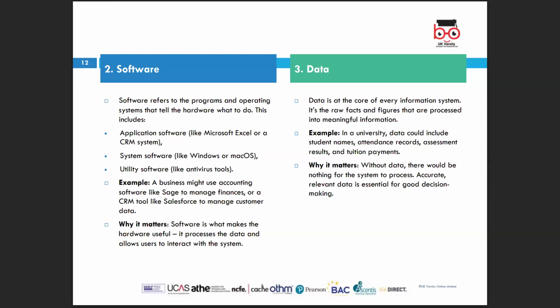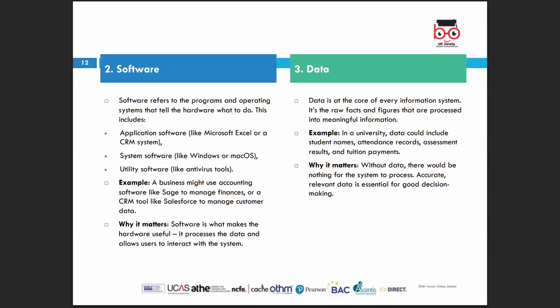Then we have software. This is a very important component, where software refers to the programs and operating systems that tell the hardware what to do. We have application software like Microsoft Excel or CRM systems. For system software, we have operating systems such as Windows, Mac OS, or Linux, and utility software like antivirus software, VPN, and so on.